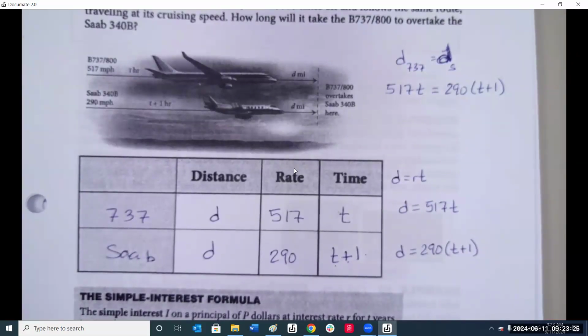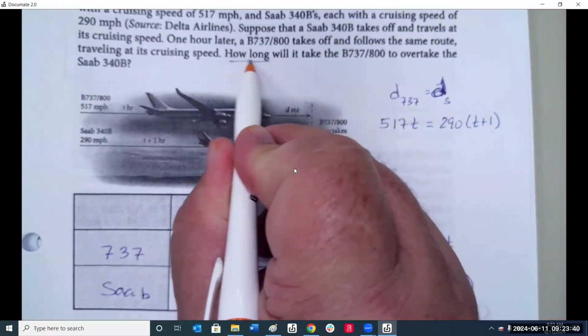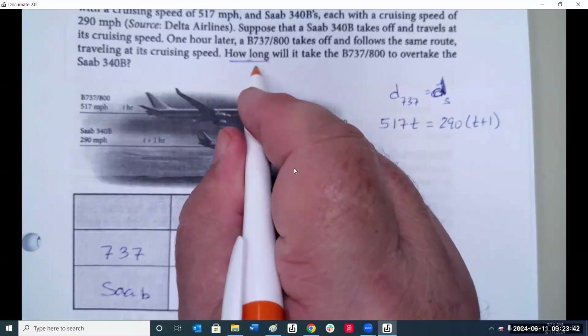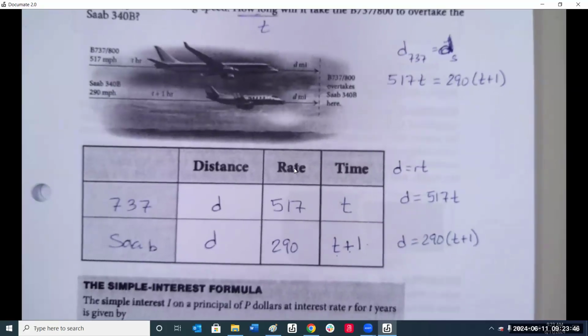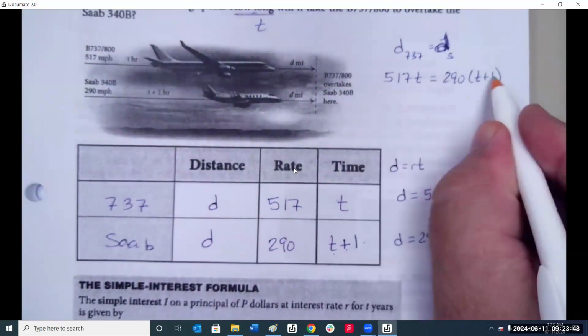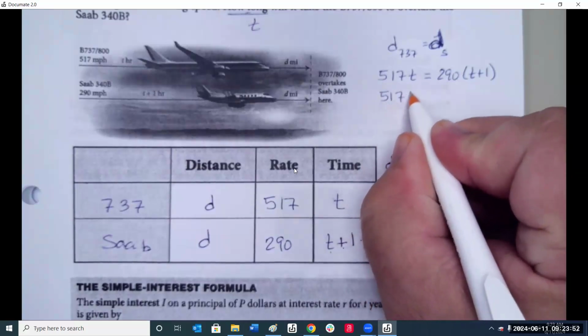We solve for what now? So for T, because the question is asking how long? The length of time. We're looking for time. The only variable here is T. So we have 517T.